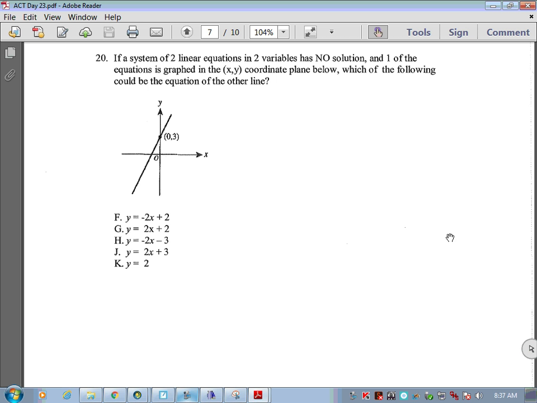If a system of two linear equations in two variables has no solution, and one of the equations is graphed in the xy coordinate plane below, which of the following could be the equation for the other line? Well, what you have to understand is, what is the situation whenever there's no solution? Two lines that have a solution cross somewhere, right?